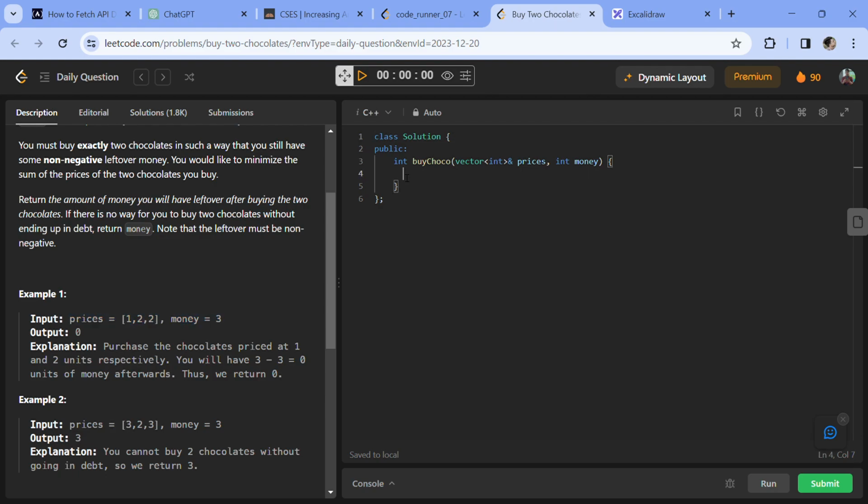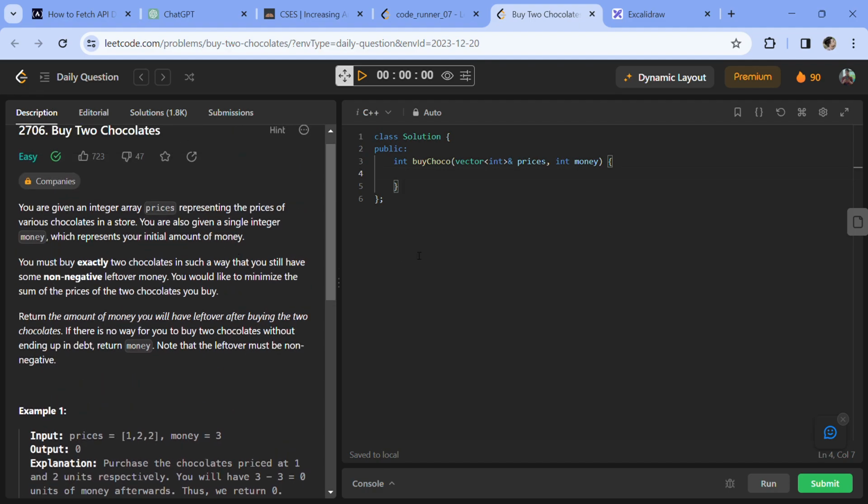So let me code this in the LeetCode code editor. I will use C++ in this tutorial.